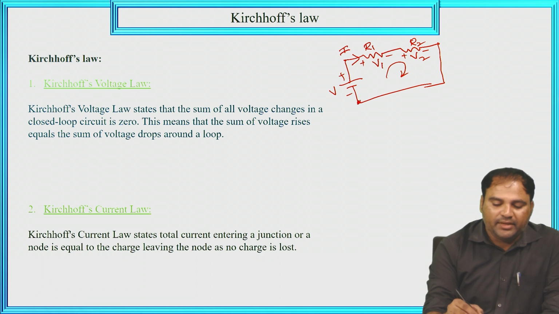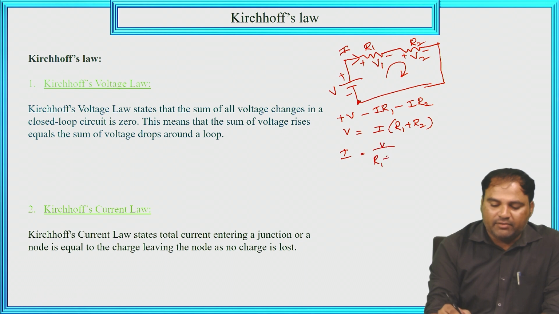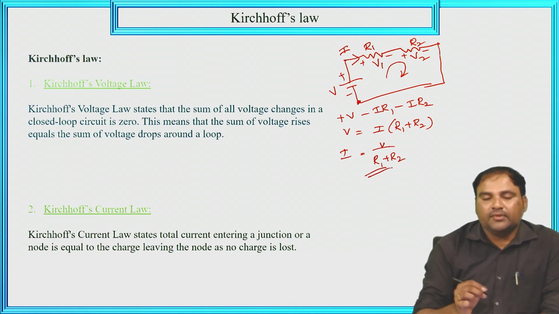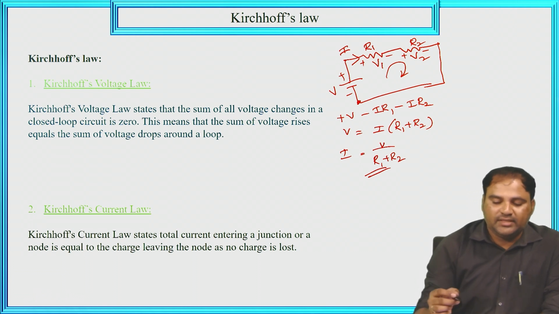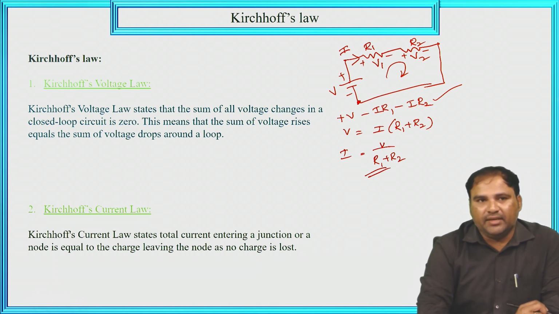I start from here: plus V, minus voltage drop at R1, which is I into R1, minus voltage drop at R2, which is I into R2, equals 0. So V equals I, the common term, into R1 plus R2, or I equals V divided by R1 plus R2. This is the calculation of the current using Kirchhoff laws, and this is the main equation of the KVL.